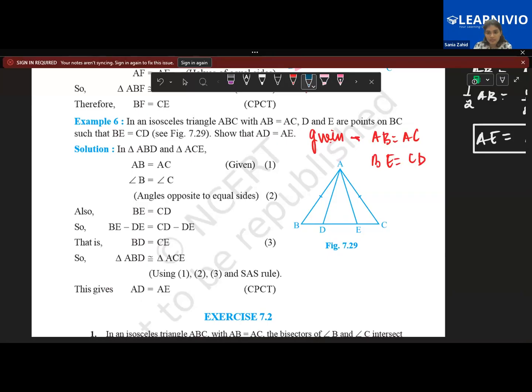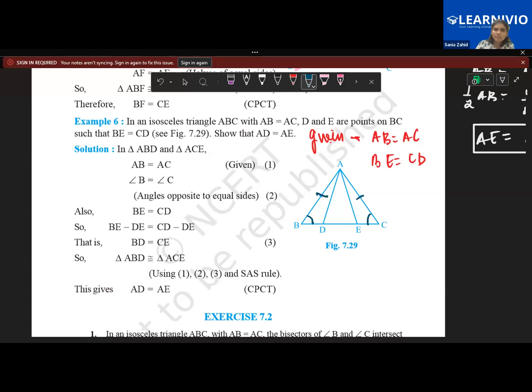ABC and ACB. Very good. This angle and this angle will be equal to one another. Why, children? Because in an isosceles triangle, the base angles of the equal sides are equal. Like this side is equal to this side. So look at the base angles. The base angles become angle B and angle C. So angle B and angle C will be equal, right?